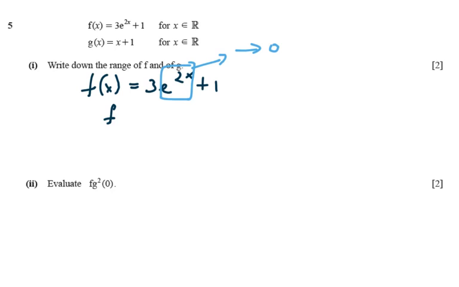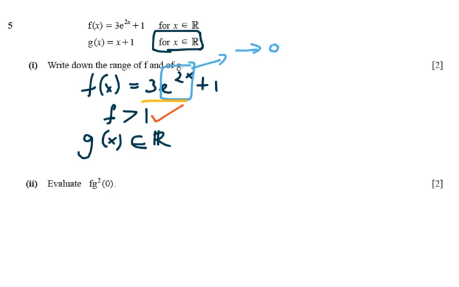Hence, we can write that the function of f has to be more than 1, even though this particular part is near to 0. For the next one, function of g, where x values are all real numbers, the value of g will also be real numbers. You will get 1 mark for writing this and 1 mark for writing this.